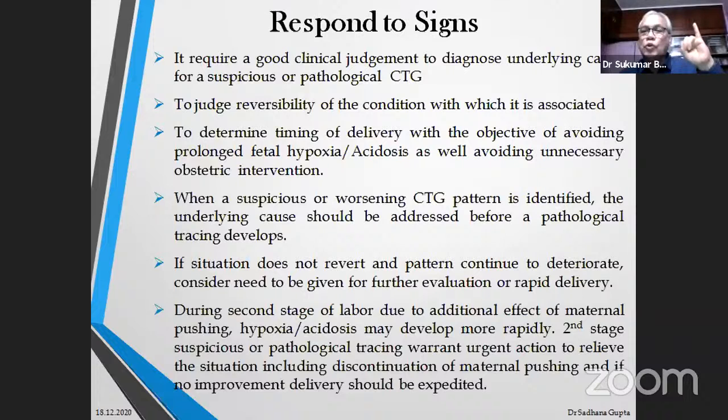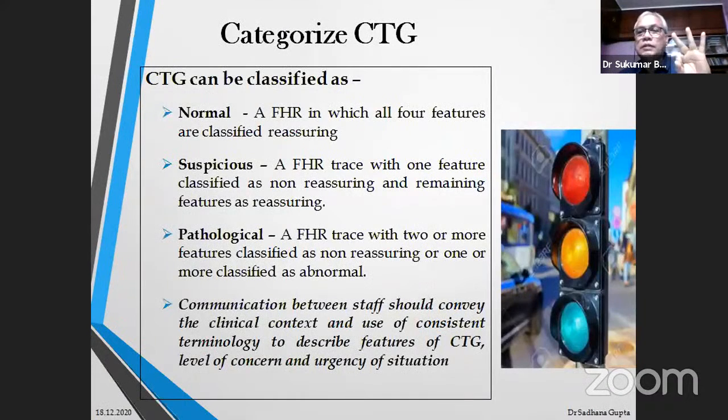One, it is normal. Two, it is suspicious. And three, it is pathological. That's it. All of us should say the same thing. Not reactive, not abnormal. Normal, suspicious, and pathological.